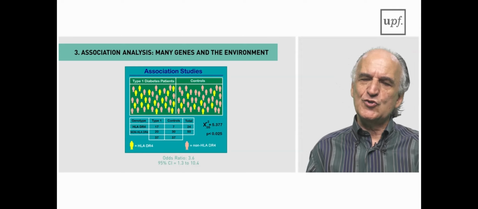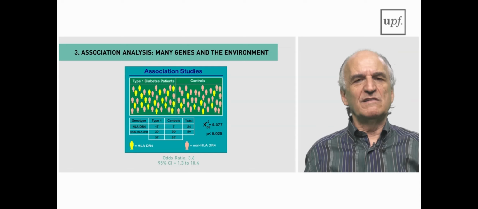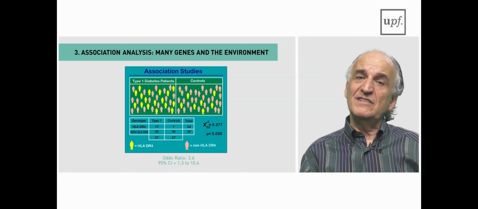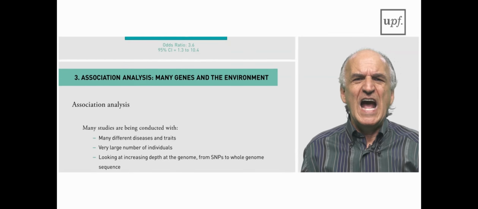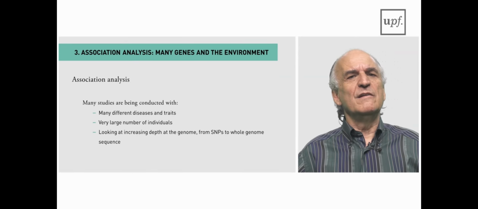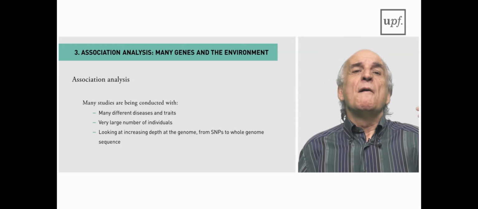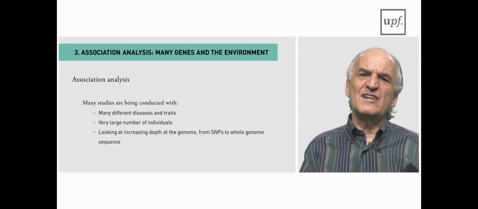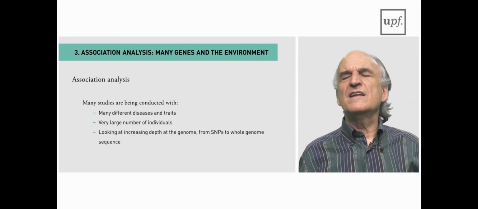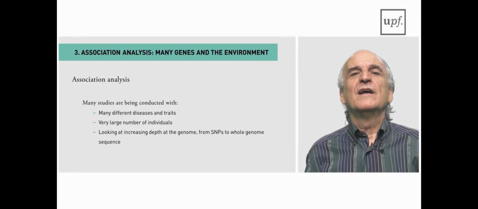And there are lots of statistical ways of dealing with this data. Imagine that in all the cases it's a huge amount of data, and in this association analysis we have many different diseases and traits, a very large number of individuals, and we look deep in the genome.